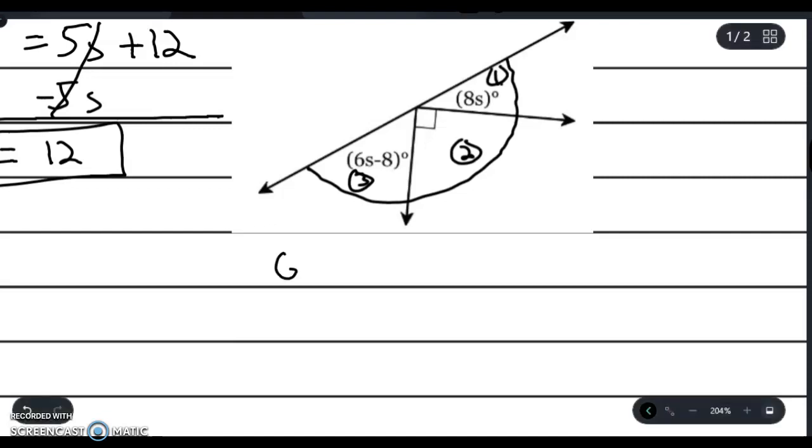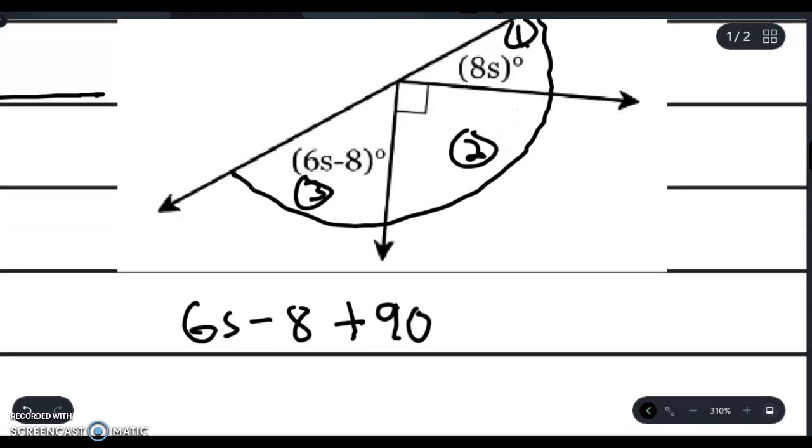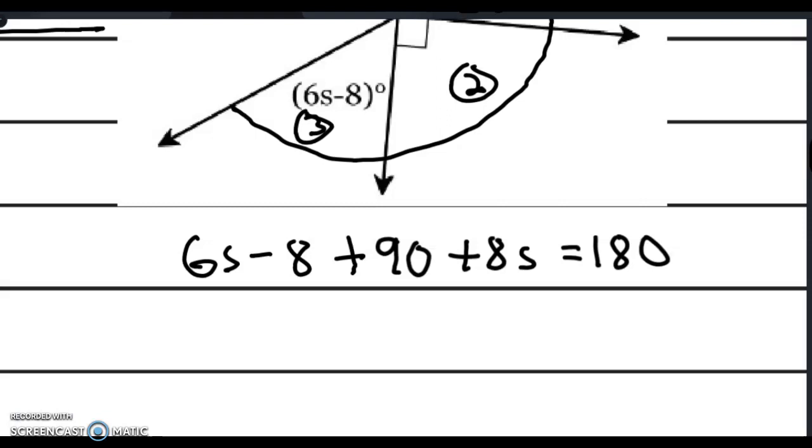So we got 6S minus 8 plus 90 plus 8S. All of this will equal 180. Okay.